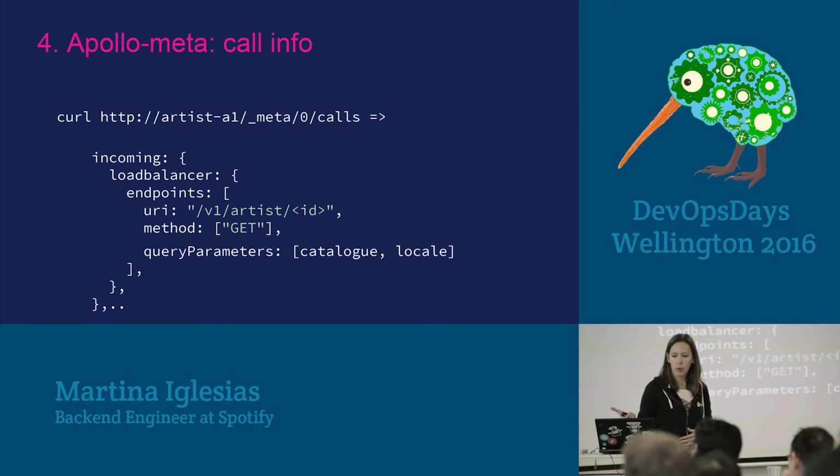So if you call meta/0/calls, you get first a list of all the incoming, all the services that are making incoming requests to you. So in this case, we saw the load balancer. It's making requests to /v1/artist, our only endpoint, and it's using get. And it also knows that it's using two query parameters, catalog and locale.